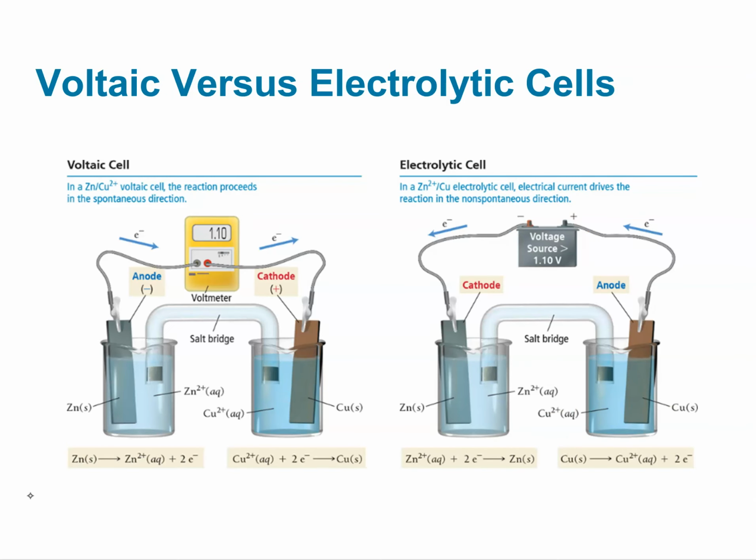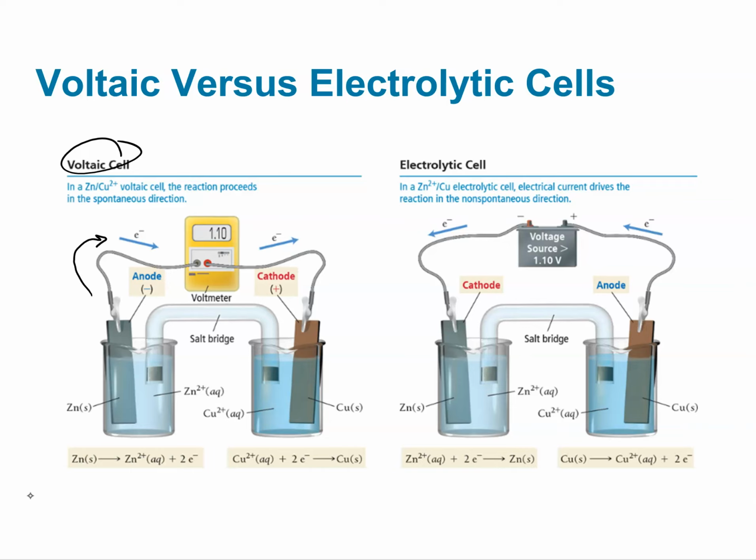So let's compare and contrast once before we move on. Remember, for the voltaic cell, here we have a zinc copper cell. On the left, voltaic cell, and we see that we have our anode with our negative charge and our cathode with our positive charge, and the electrons are going to be removed from the zinc, flow through here.